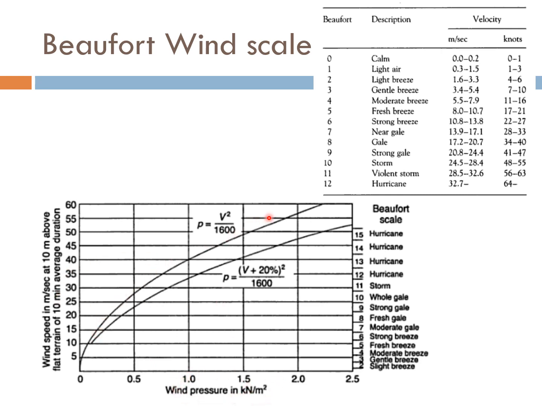So we have a curve over here which is the theoretical correlation between the wind speed V and the wind pressure P. Now of course these are based on a large number of observations, and in some cases when we need to carry out design, then for conservative design we may actually increase the wind velocity by 20% in order to read a higher value of wind pressure for design purposes.